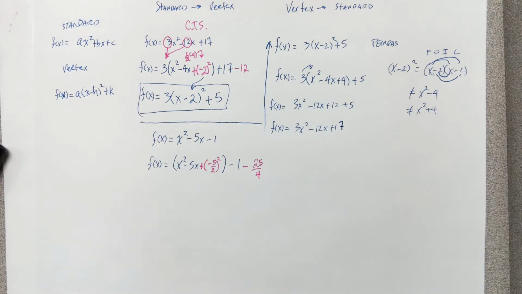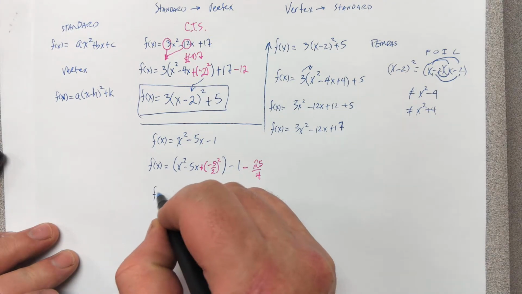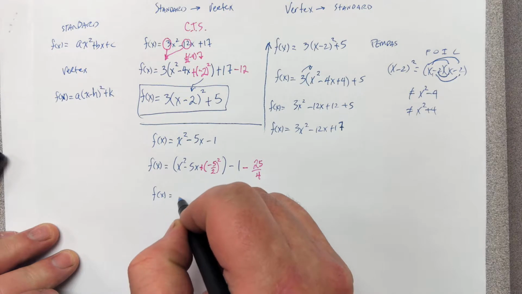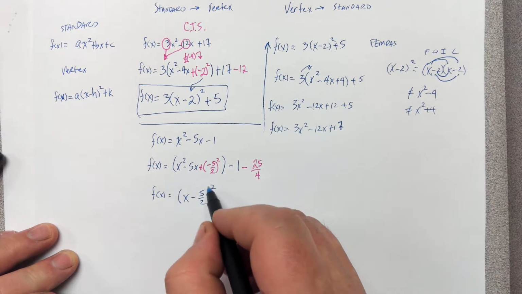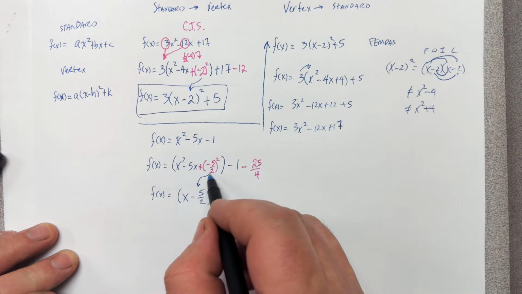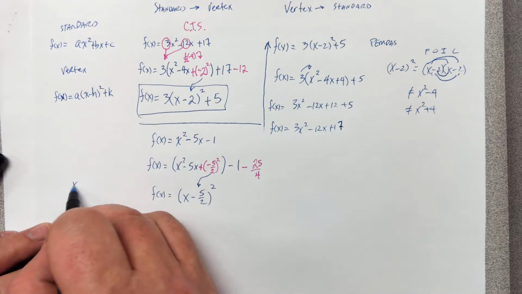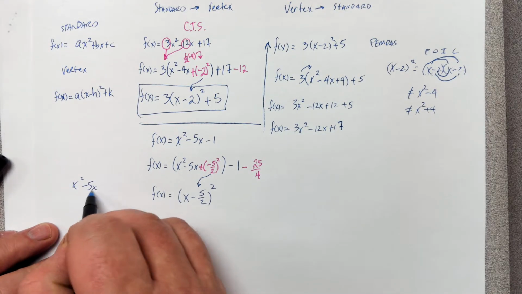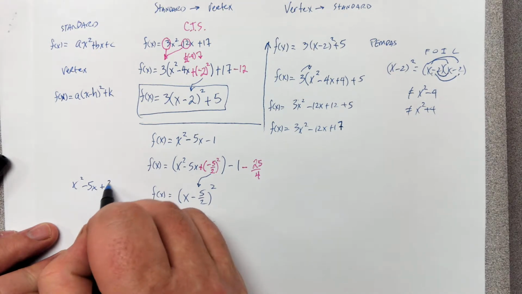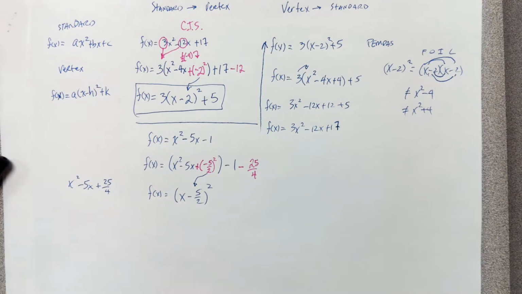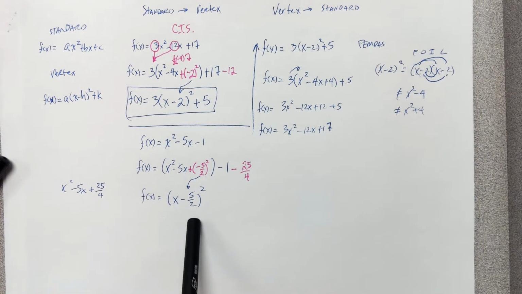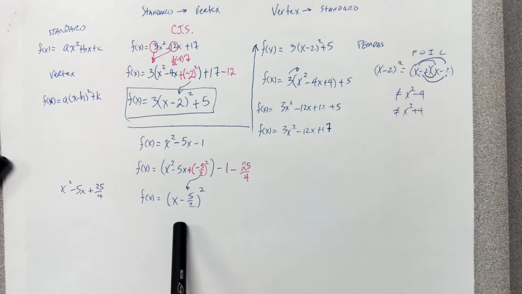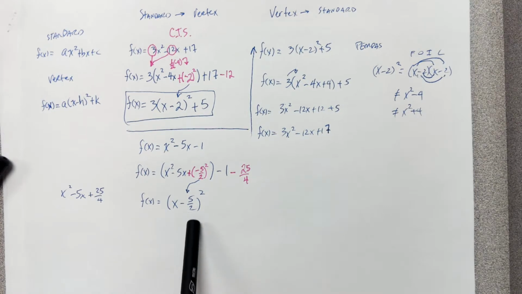All right, we have to do a little bit of work now. We have to factor this: x minus 5 over 2, squared. That's exactly why we don't square the fraction first, because it would be really difficult. It would be almost rude if you had to factor that. But if you do x minus 5 halves squared, you do get that back.